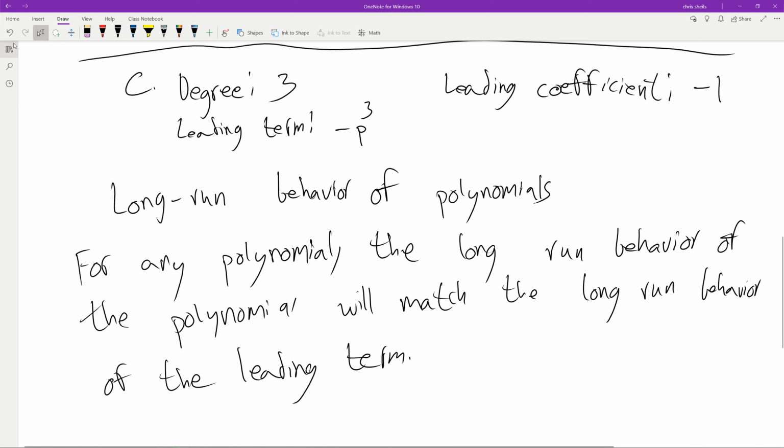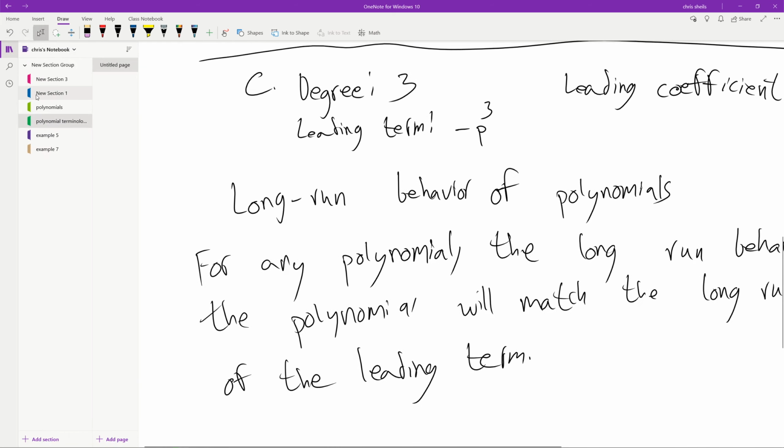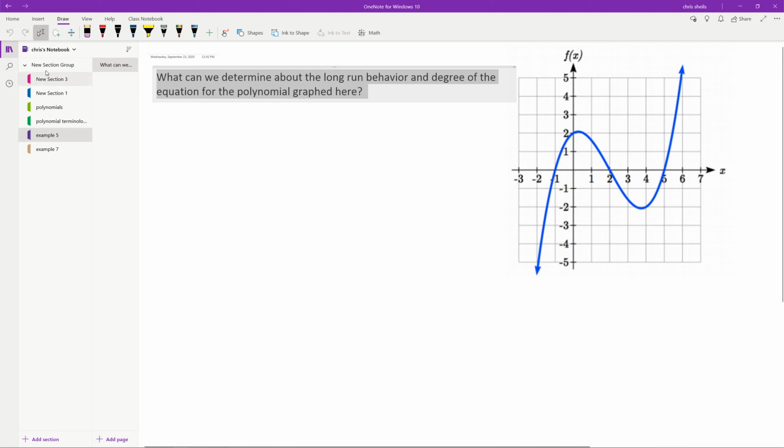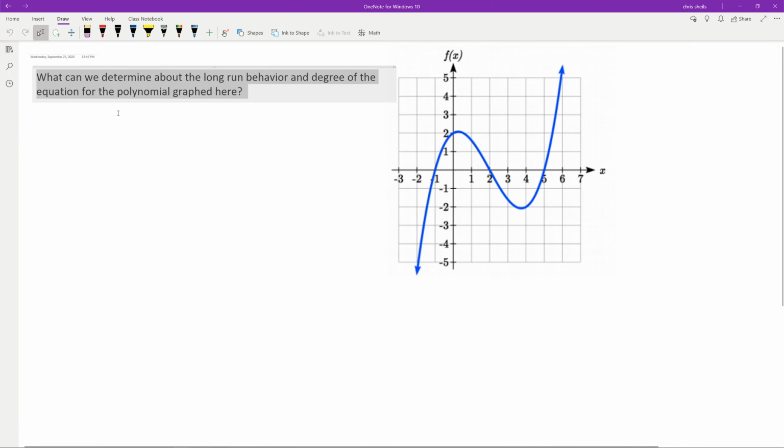So let's look at an example. What can we determine about the long-run behavior and the degree of the equation for the polynomial graphed here?